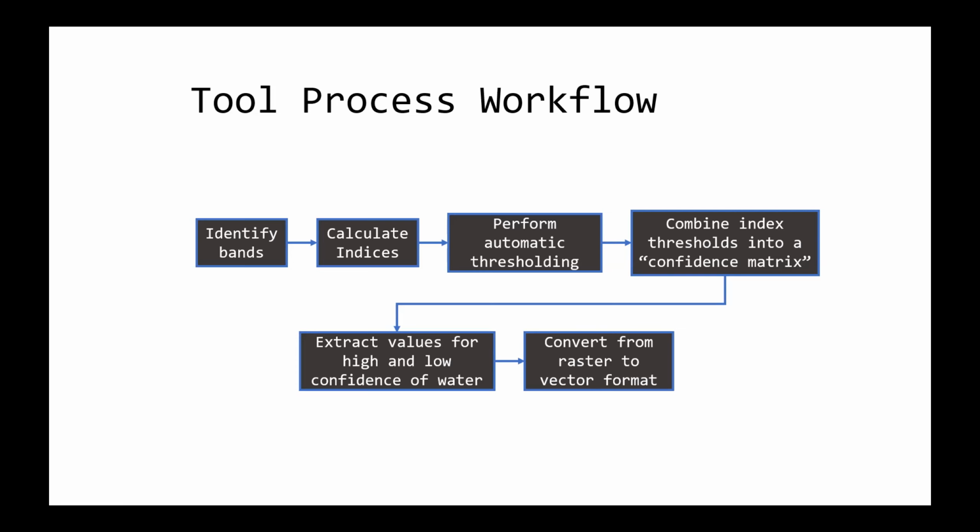Conversely, if only 1 of the 5 agrees that there was water there, there's probably a lower confidence that there's actually water in that pixel. So that's the confidence matrix idea.